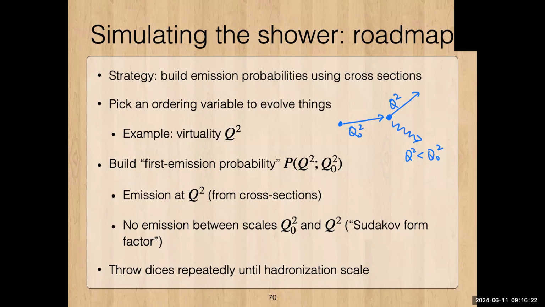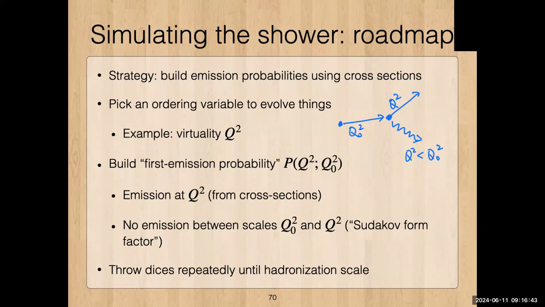First, there's an emission at Q squared. And then there's a probability that it doesn't emit between here and here. This is usually called the Sudakov form factor. It has many other uses in theory, but let's not go into it for now.